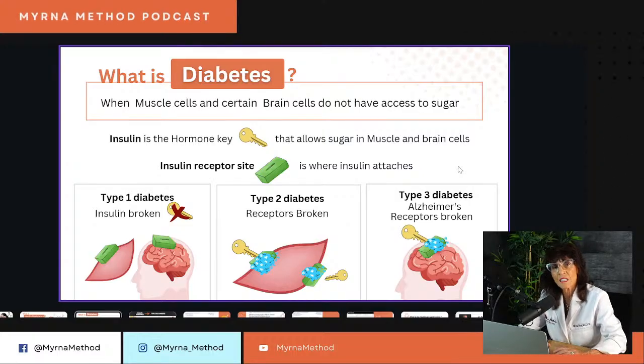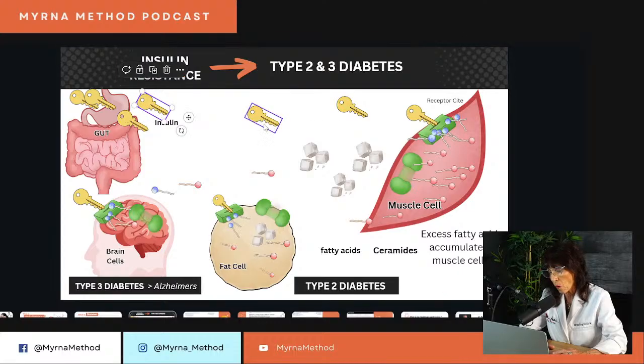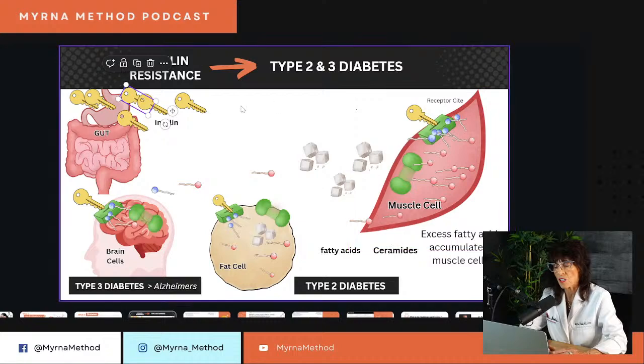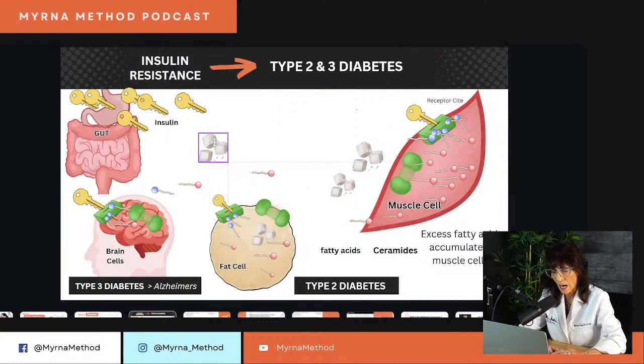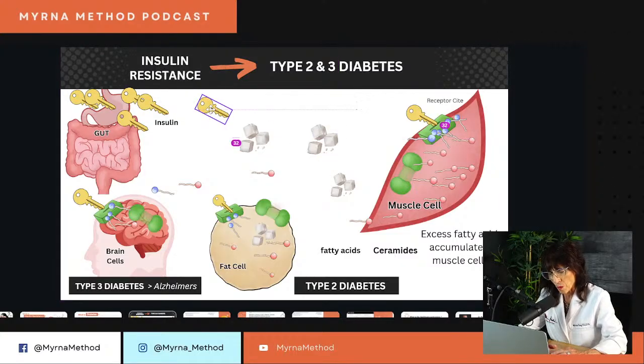So let's look at the biochemistry, because I think when you have a visual on how it all works, then we can really understand the controversies and start to break it down. When you eat a carbohydrate, the body releases it into the bloodstream as glucose, which is sugar, and immediately the body releases the hormone insulin.